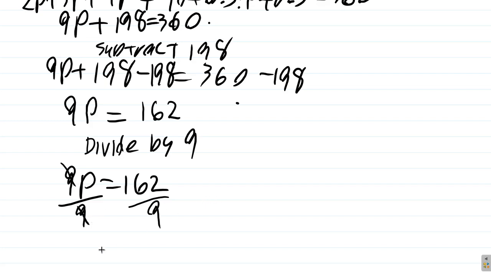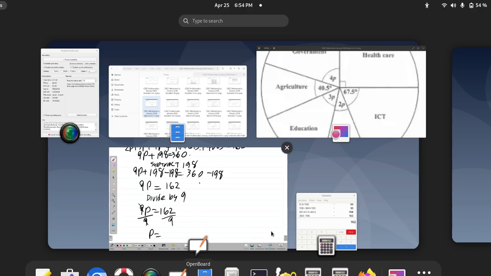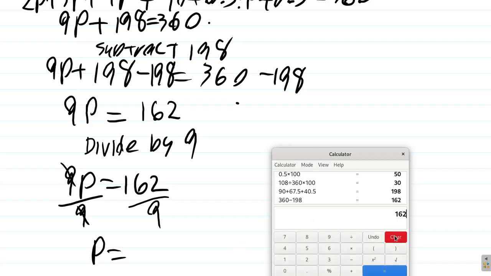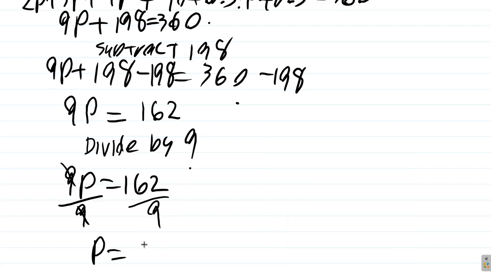You have 9 cancels 9. 9 divided by 9 is going to be 1. So you have p equal, and 162 over 9 is 18. Okay. So p is equal to 18.